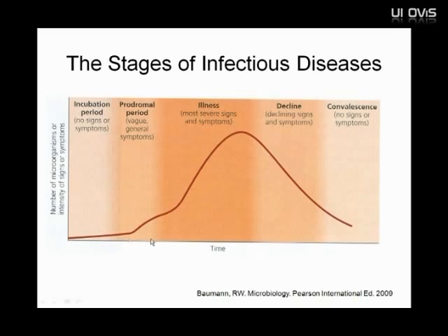After that, there is a prodromal period with very unspecific symptoms, and then the illness with specific and more severe symptoms, and after that the symptoms decline, and then convalescence, when no signs or symptoms appear.